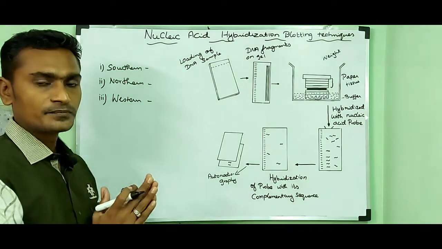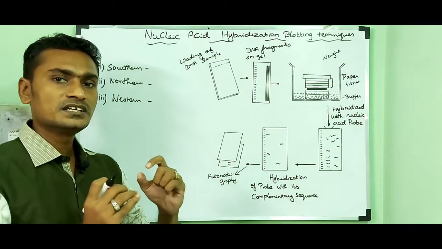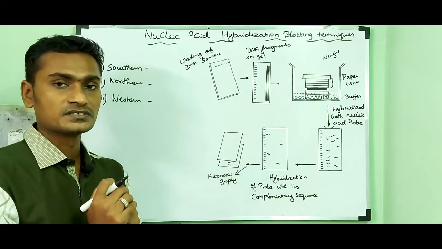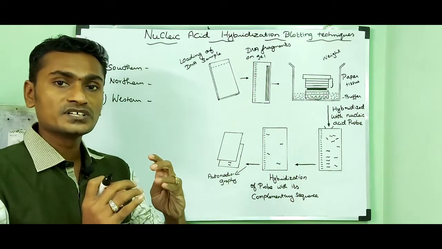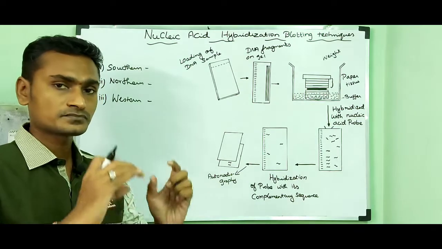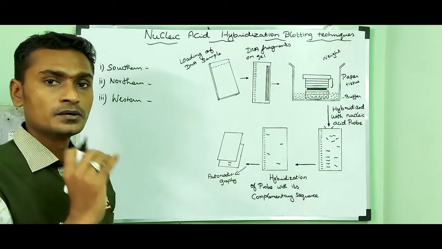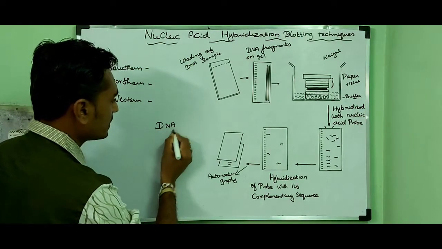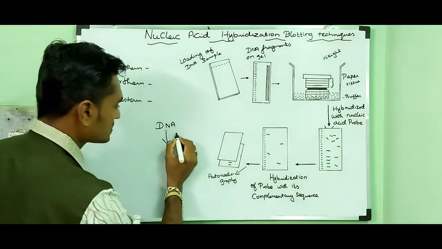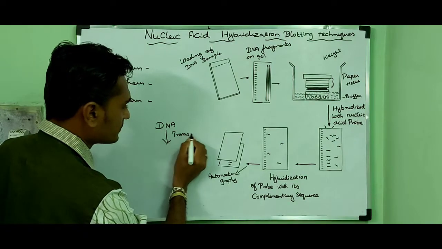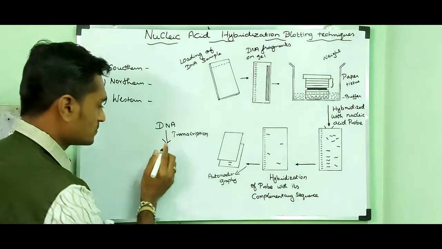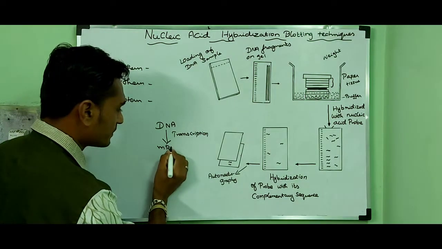Southern blotting technique. Actually, a DNA sequence is responsible for the production of a protein. DNA is the foundation or core of the production of a protein. So, DNA can undergo a process called transcription, which results in the formation of mRNA.